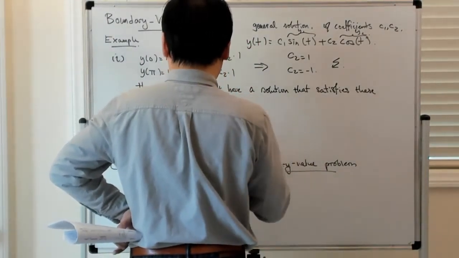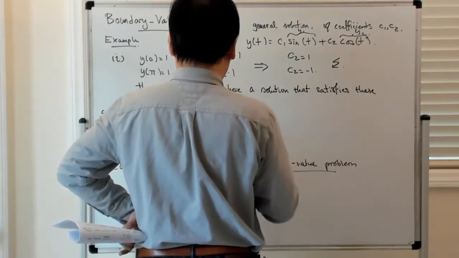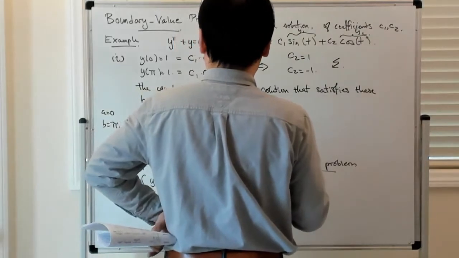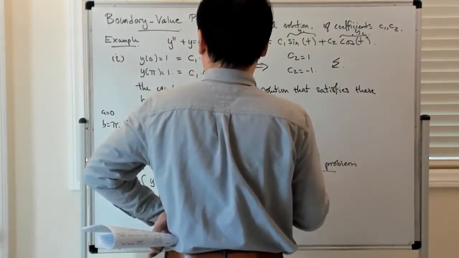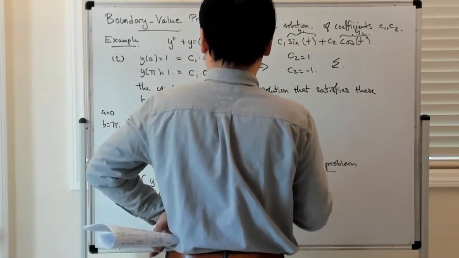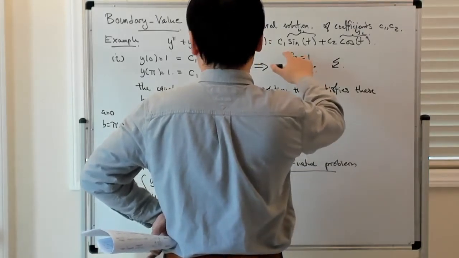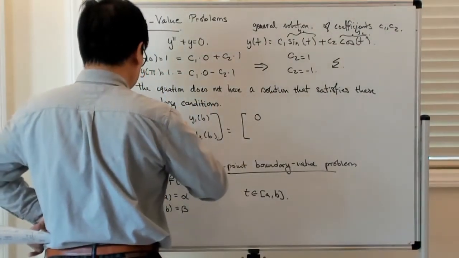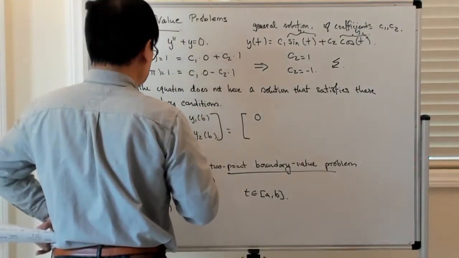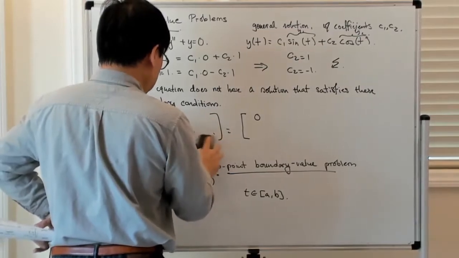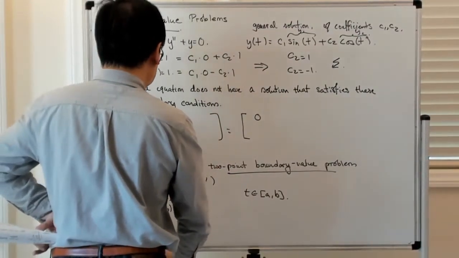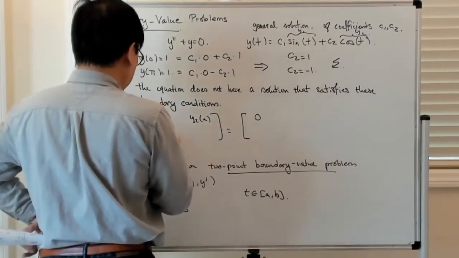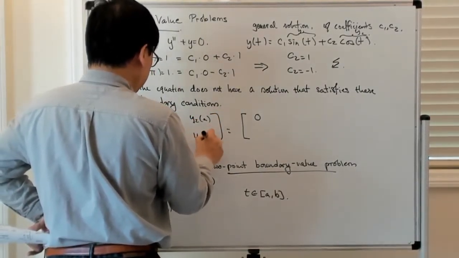All right, so y1 is sine, and sine at 0 is 0. Maybe let's write this the other way: y1 at a, y2 at a, and then y1 at b, y2 at b.